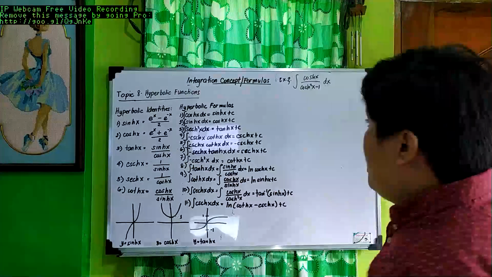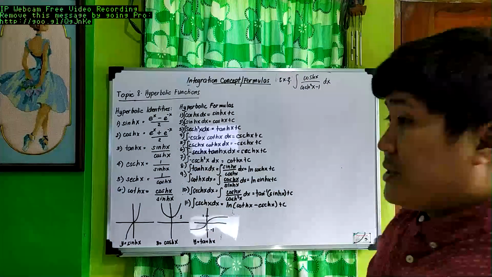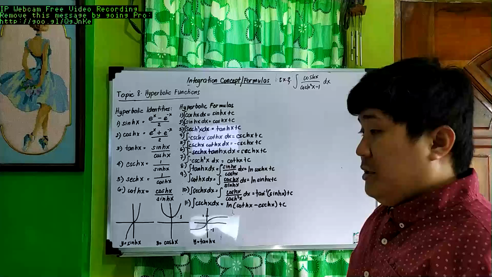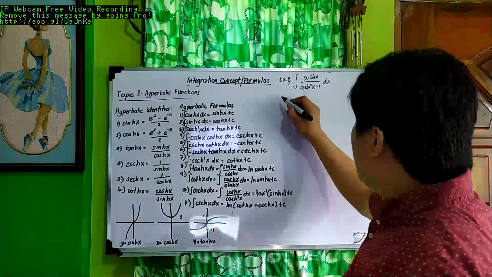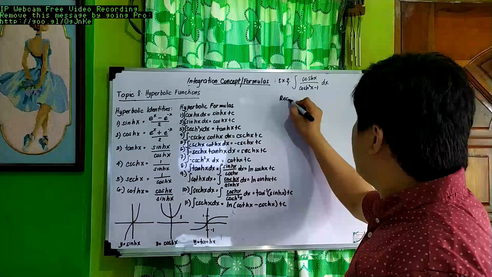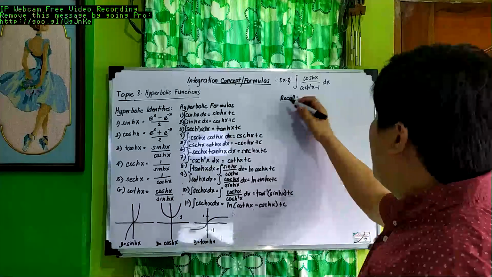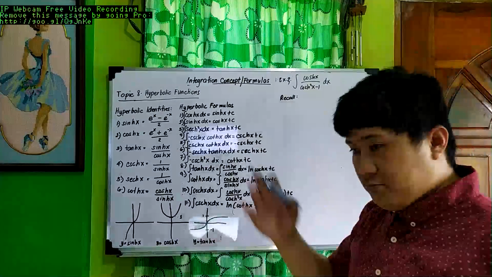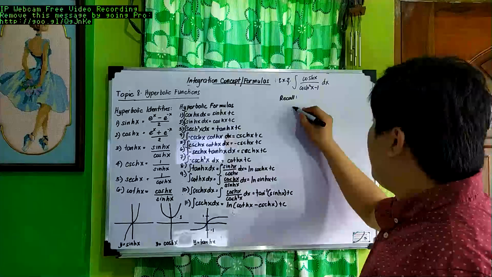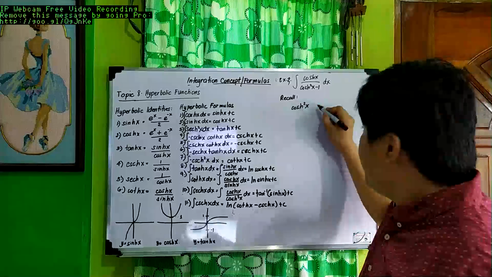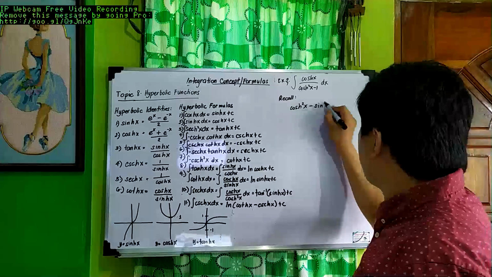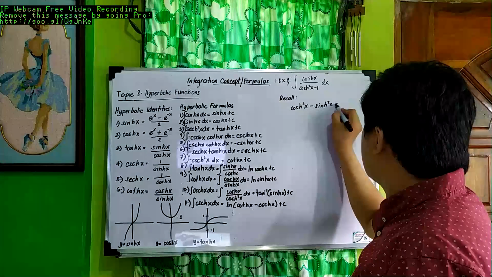So recall the Pythagorean identities but in hyperbolic form. Recall your other mathematics: we have cosine hyperbolic squared x minus sine hyperbolic squared x is just equal to 1.